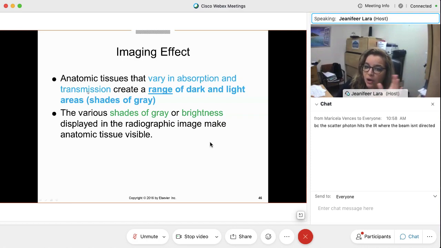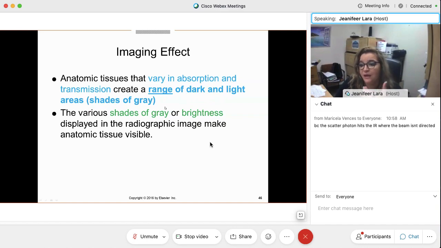So we know, depending on where the path of that photon is going to lead it through the body, we are going to have a range of dark and light areas. And I underlined and emphasized the word range. We're going to have a range of low brightness and high brightness, and we are going to reference that as grays or shades of gray.